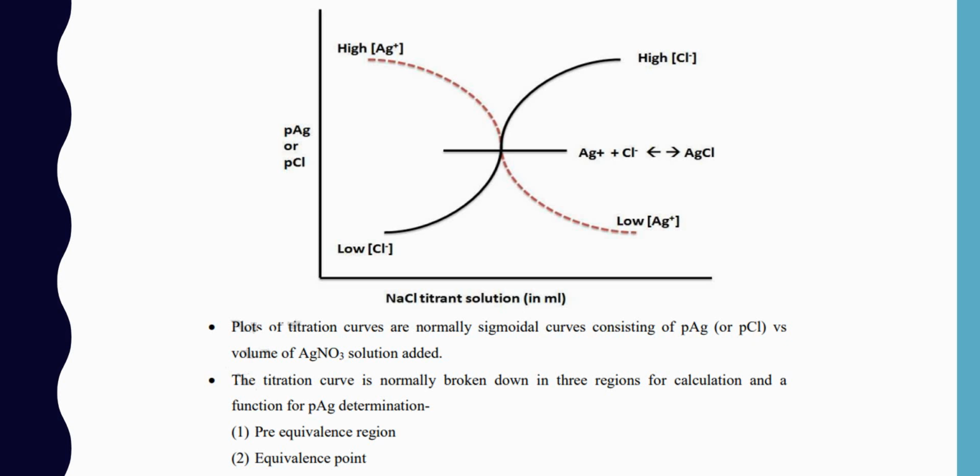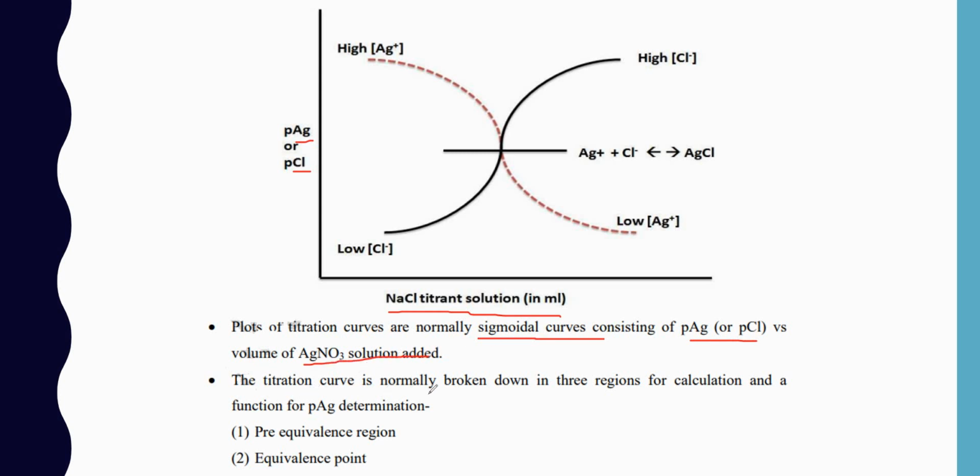This is the graph for argentometric titration. NaCl titrant solution in ml is on one axis, and pAg or pCl is what we are going to detect. Plots of titration curves are normally sigmoidal curves of pAg or pCl versus the volume of AgNO3 solution added.